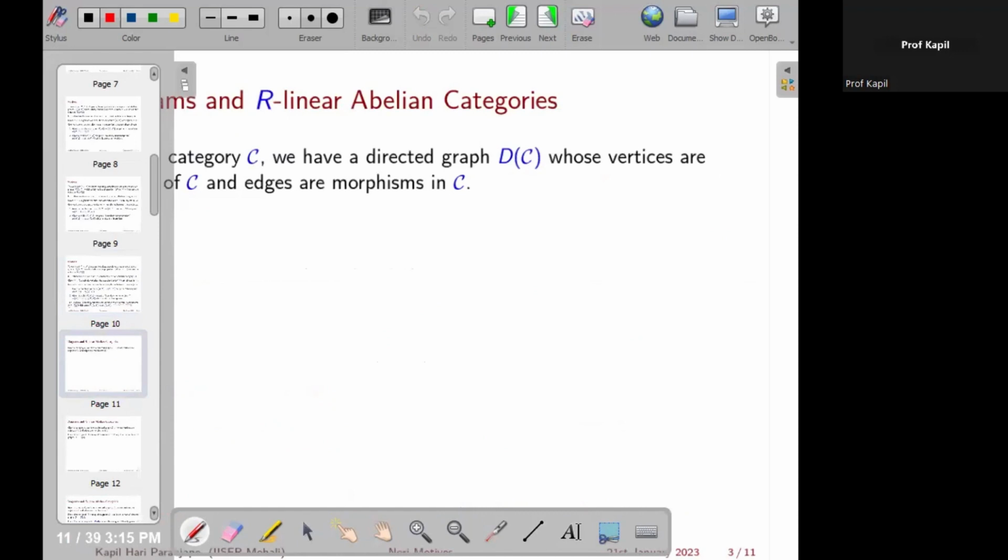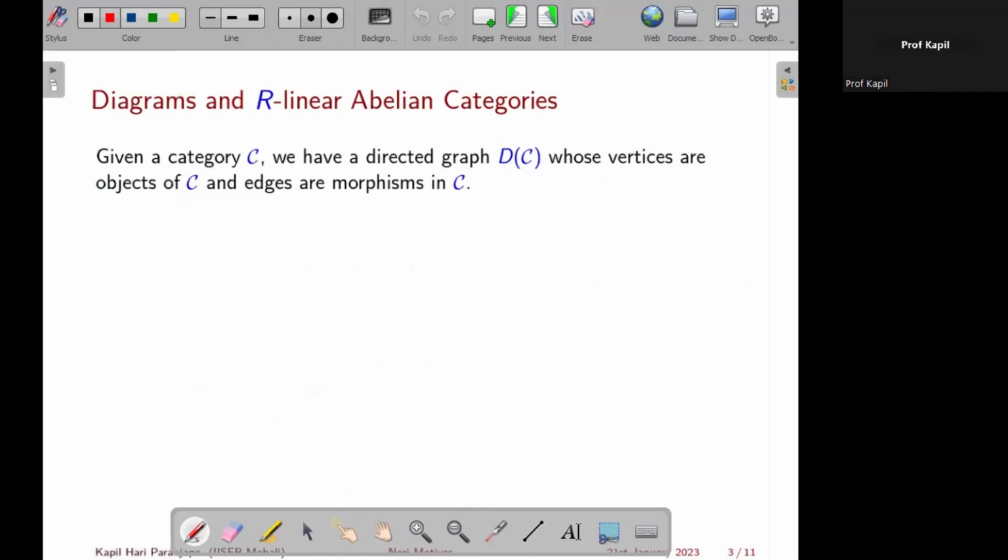So in order to do this construction, we want to introduce something which I talked about last time, so I just want to run over it again, which is to talk about diagrams and R-linear abelian categories.